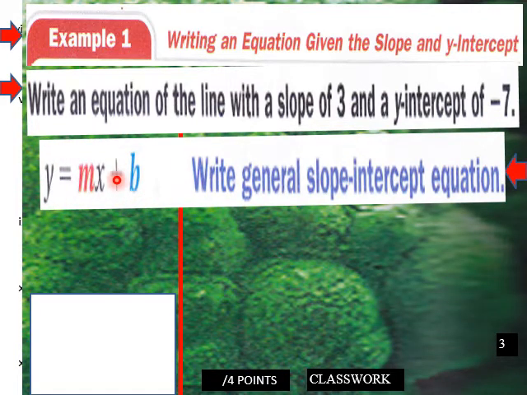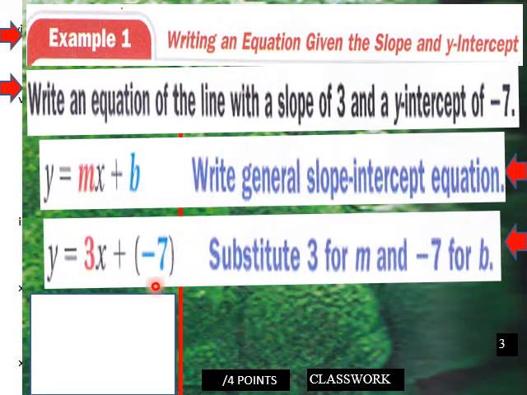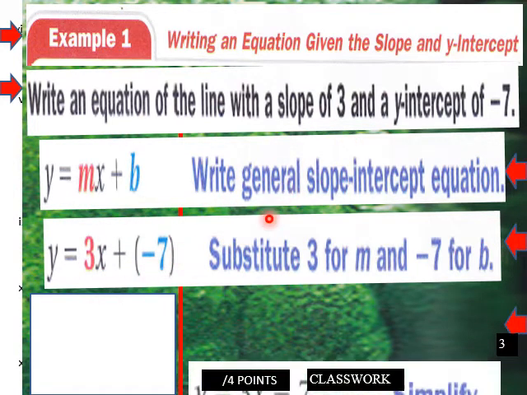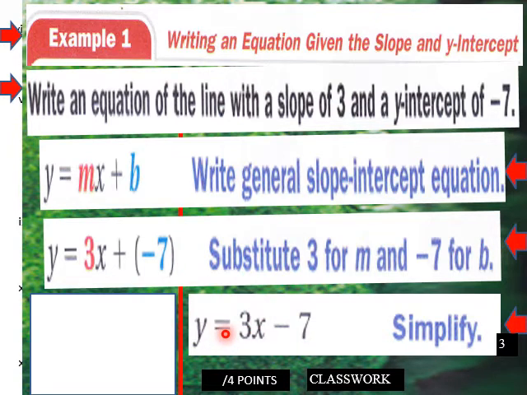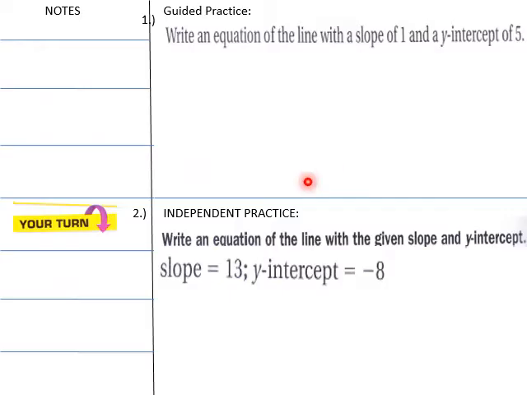Here is our slope-intercept form. Here's our slope. Here's our y-intercept. So what we do is we plug in our values. We have 3 for slope, and then we have a y-intercept of negative 7. And then there it is. Y equals 3x minus 7 would be the equation of this line here.